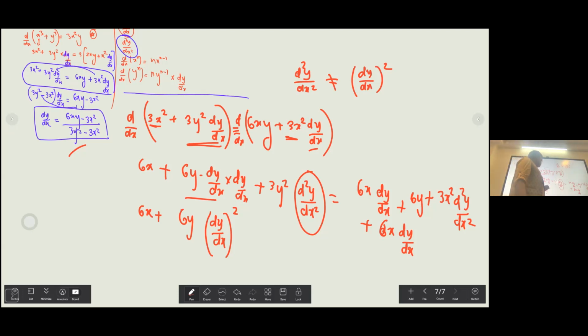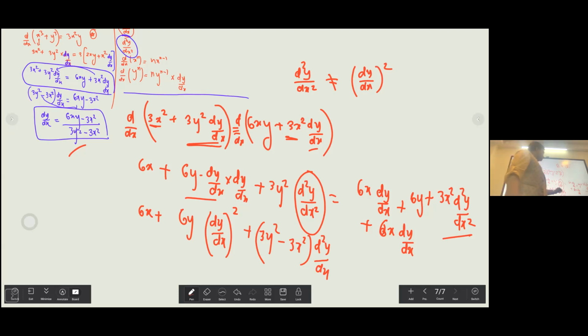So this part is here, and then you have got 3y square. If you want to bring the like terms together, if I bring this thing here, you'll get minus 3x square d square y by dx square, and also you have 6x plus 6x here. You can see 12x dy by dx, and also here is 6y.